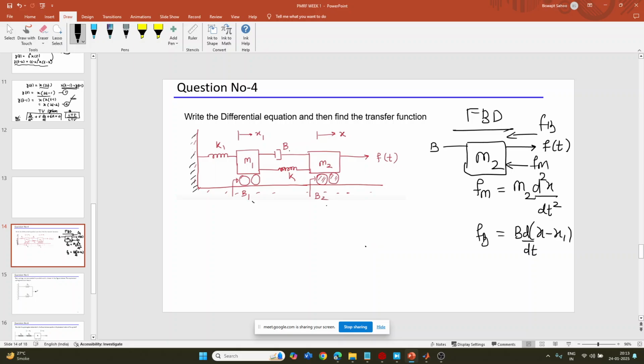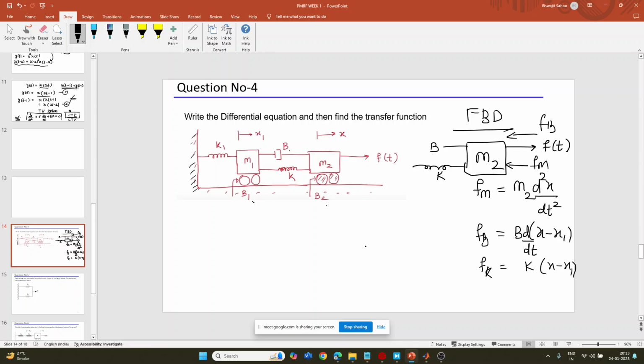Similarly, the spring constant k is also connected between m1 and m2. So what is the spring force applied in the backward direction? Another force acts on the left-hand side: k times x minus x1. These are the three forces. Can you find any other force?